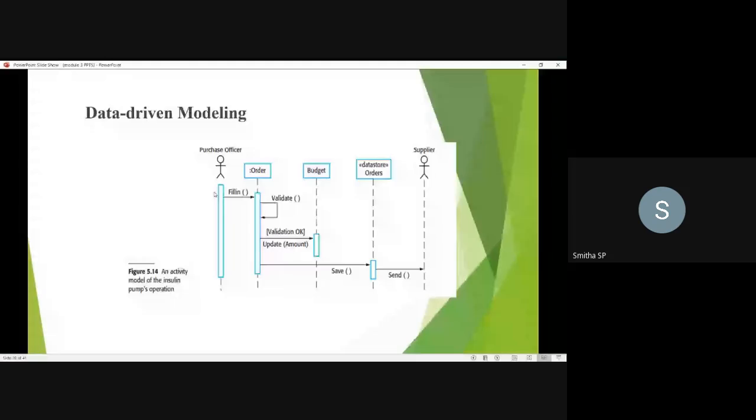The messages are sent from left to right, which shows the sequential data processing in the system.